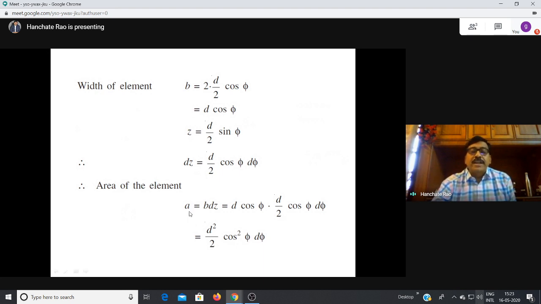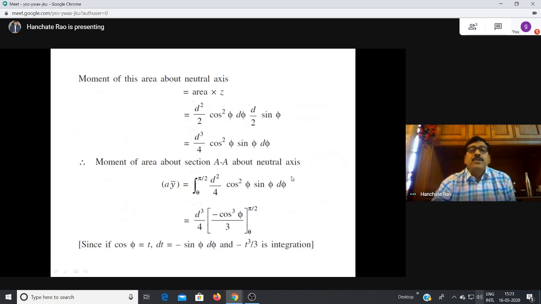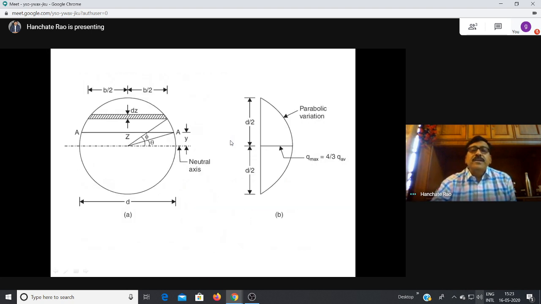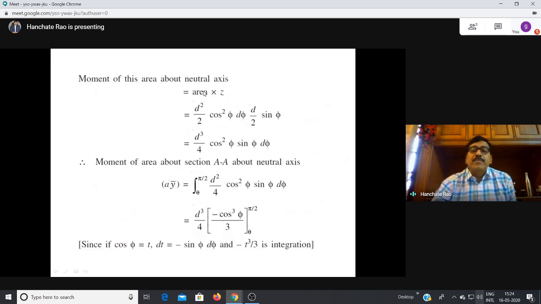The moment of this small area about the neutral axis is area into z, because the distance of the centroid of this element about the neutral axis is z. So d square by 2 cos square phi d phi into z, which is d by 2 sin phi, we already took this. So this becomes d cubed by 4 cos square phi sin phi d phi.